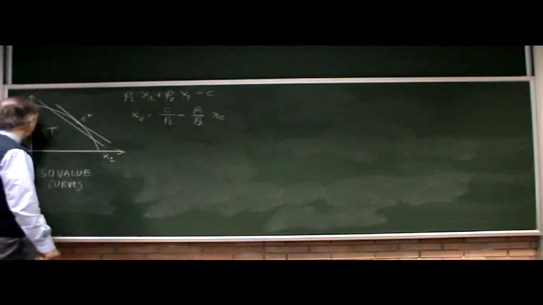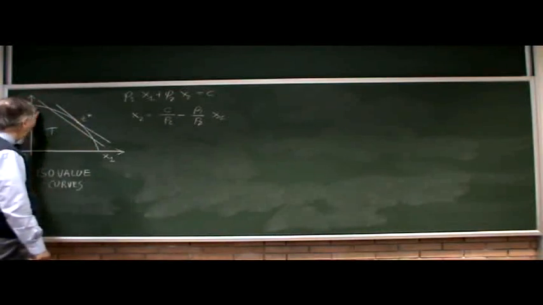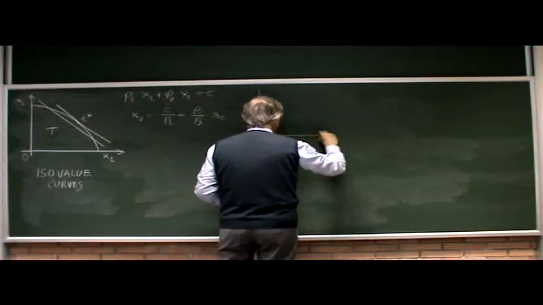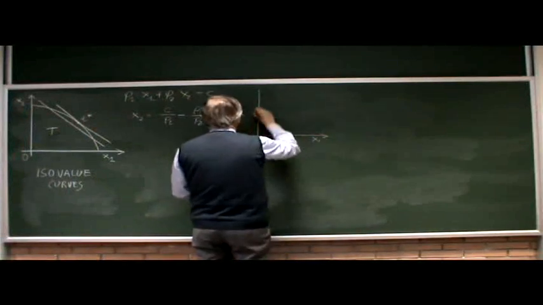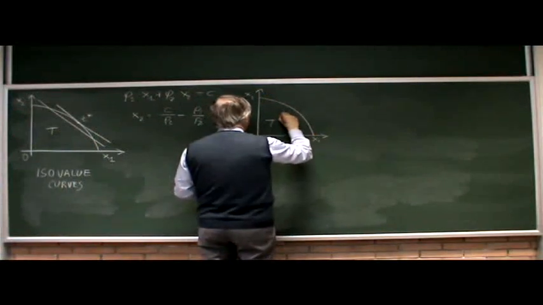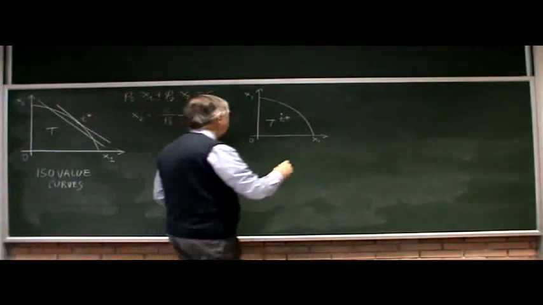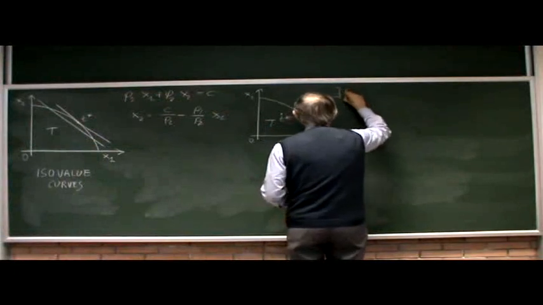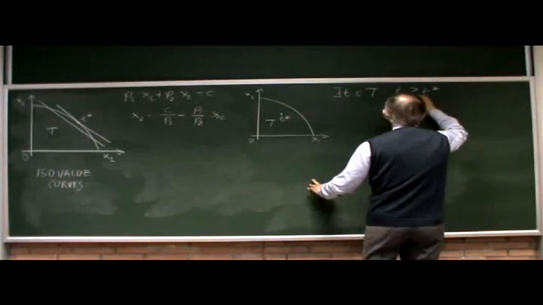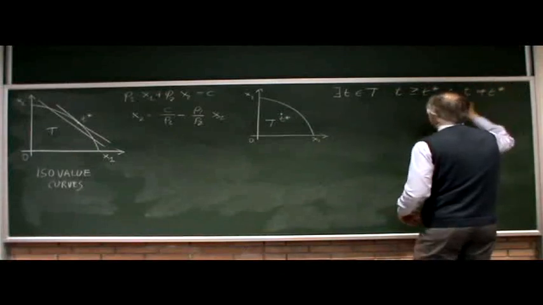In other terms, T star belongs to the transformation function on the boundary of the set T. Because if our hypothesis were not true, for example, T star is in this point, it would be possible to find another T in large T such that T has all the components greater or equal than T star, and T is different from T star.